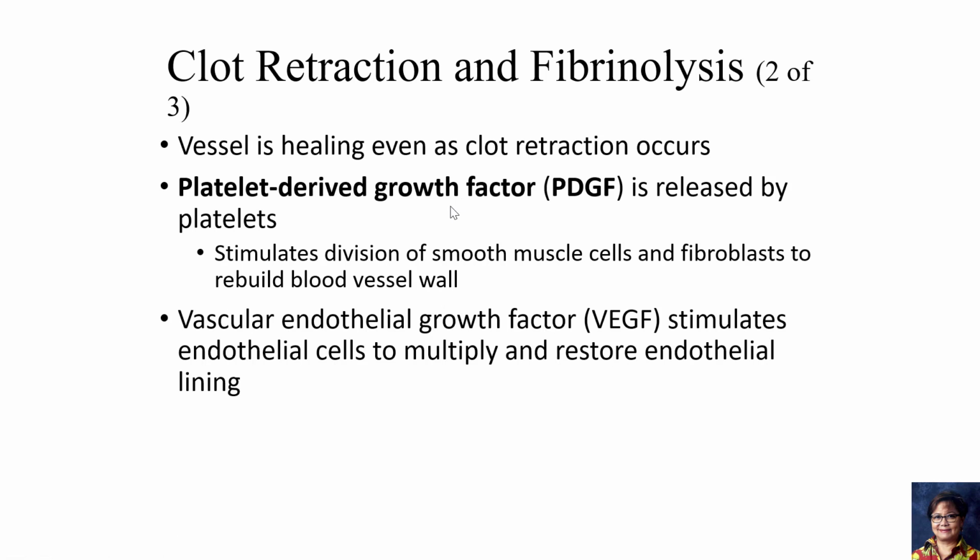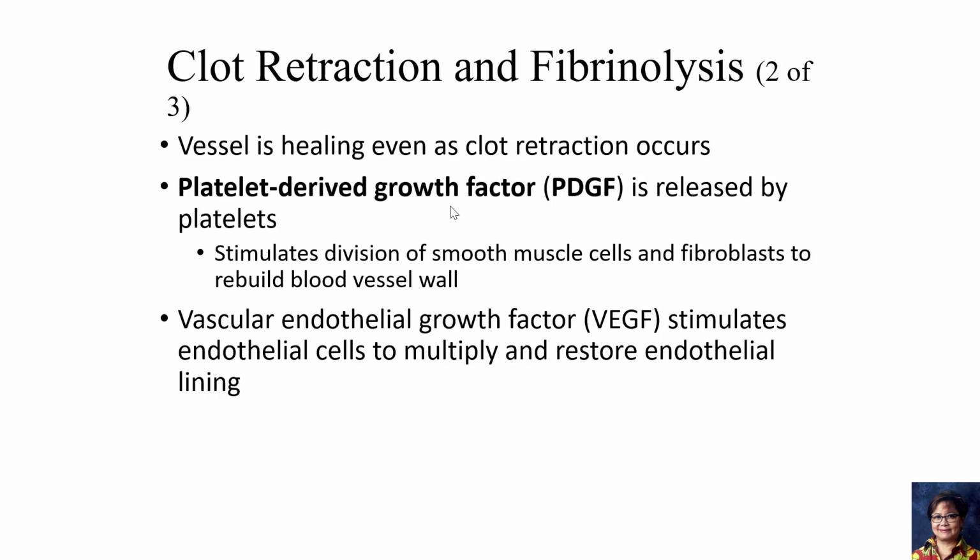As the blood vessel starts to heal and clot retraction occurs, another hormone, which you call the PDGF, or platelet-derived growth factor, is released by the platelets. This would stimulate the division of smooth muscle cells, and fibroblasts will be called in to rebuild the blood vessel wall.